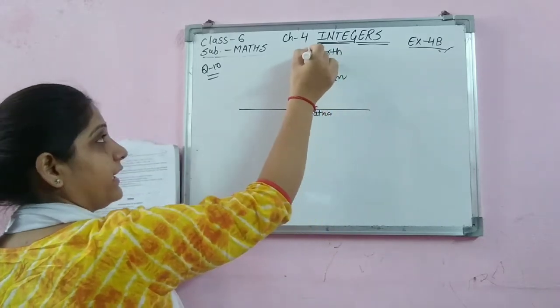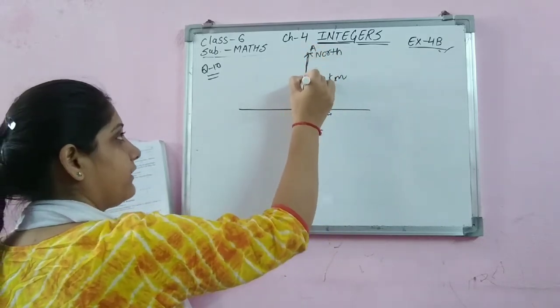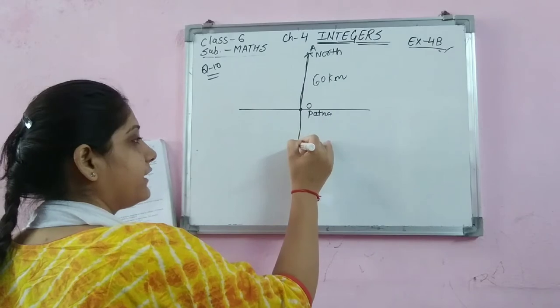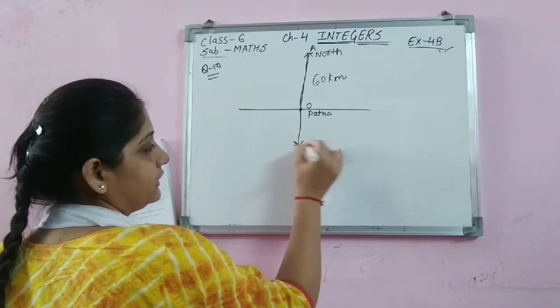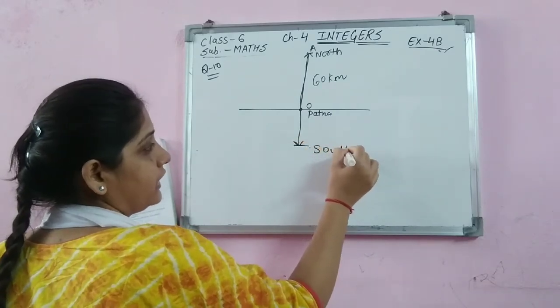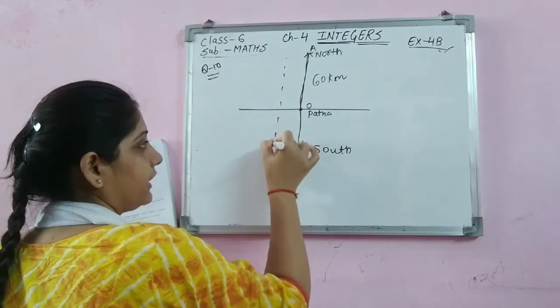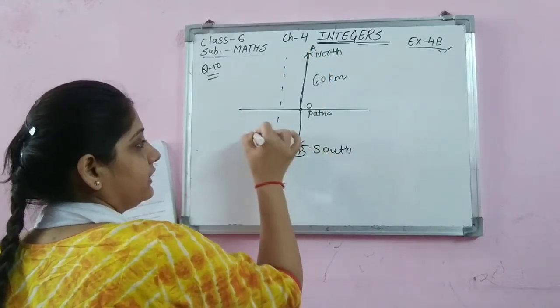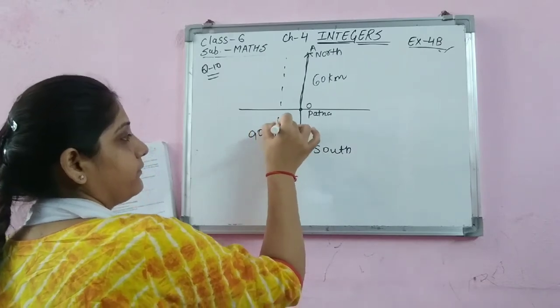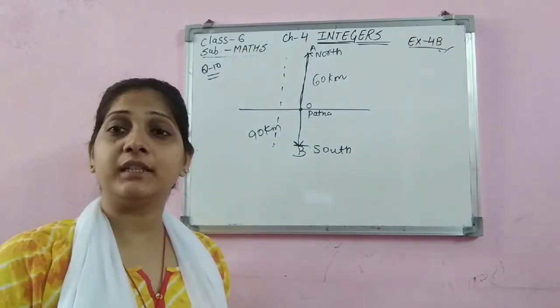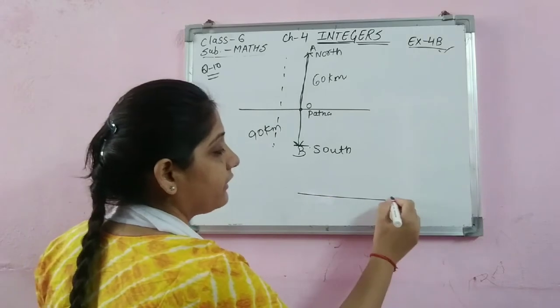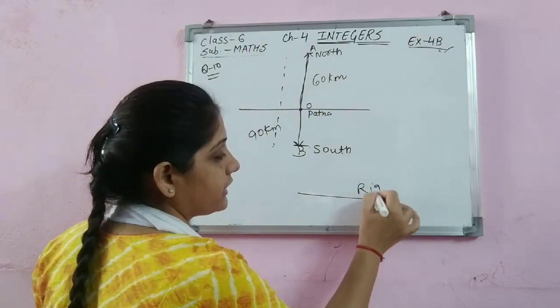Now from here, from point A, it covers 90 km to the south. This is south. And this total distance from A to B is 90 km. Children, you have learned the integers. If we are moving right, it means positive.